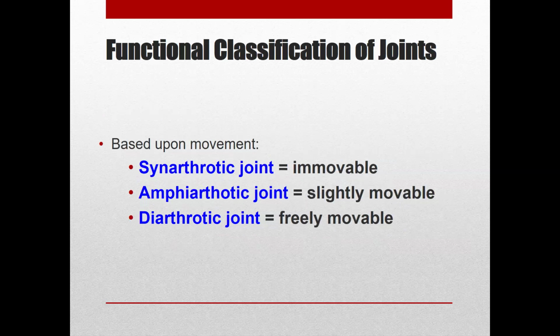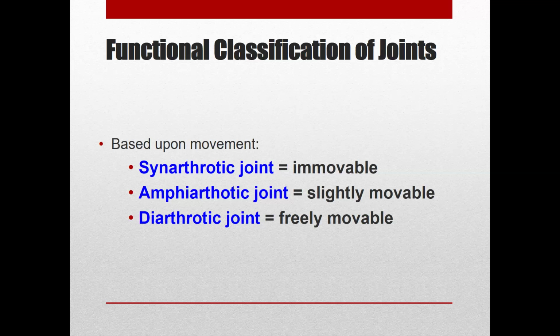Functional classes are all about describing the movement. So don't get those two associations mixed up, of course. It's two different classifications. So a synarthrotic will be classically immovable, amphiarthrotic slightly movable, and diarthrotic is freely movable.